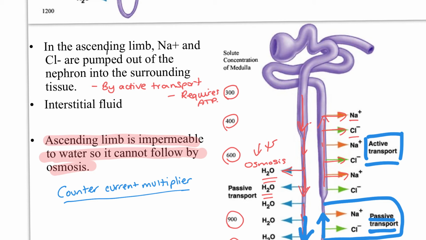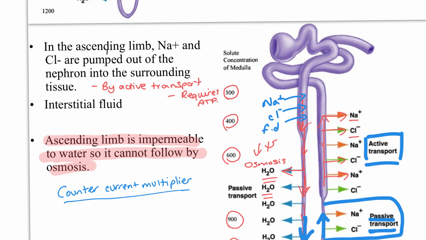In addition, at the top of the descending limb, we've got a very watery solution. And so you've got some movement of sodium and chloride ions into the descending limb at the very top, down their concentration gradient by facilitated diffusion.